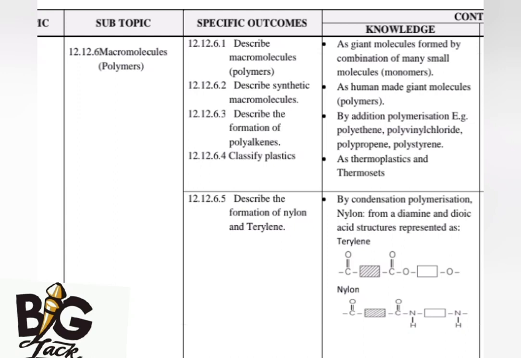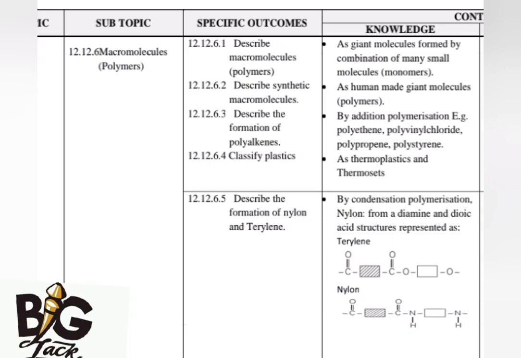When you talk of unsaturated hydrocarbons, you're talking of alkenes. So during addition polymerization, two identical unsaturated hydrocarbons react to form a polymer. What you need to understand here is that at the end, polymers are open to allow for another reaction.